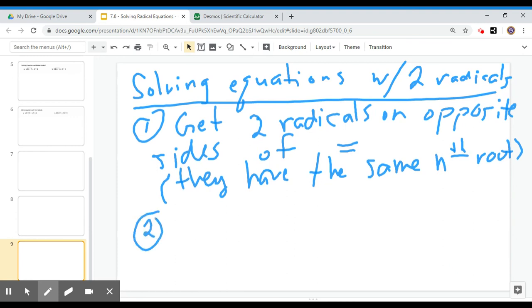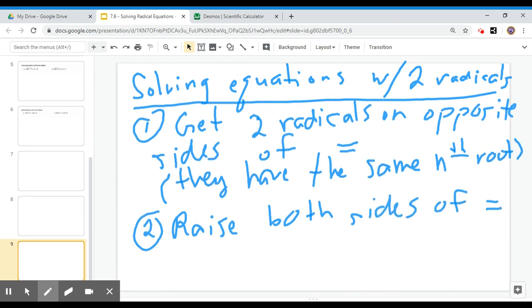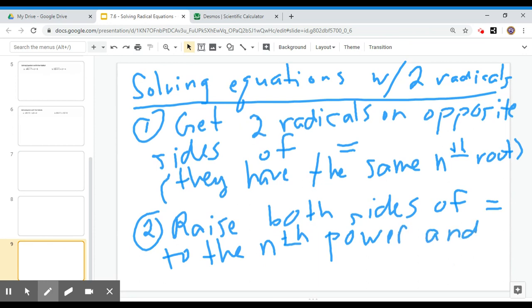Then you just raise both sides of the equation to the nth power. And then just solve. So raise both sides to the nth power and solve. And that's it for solving radical equations.